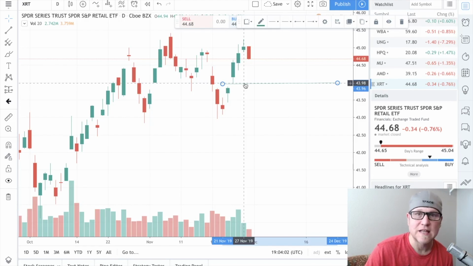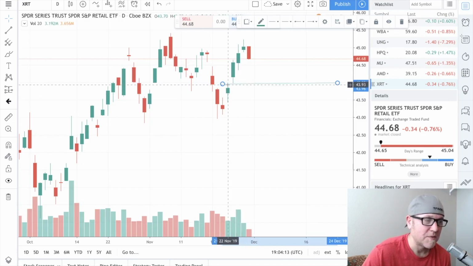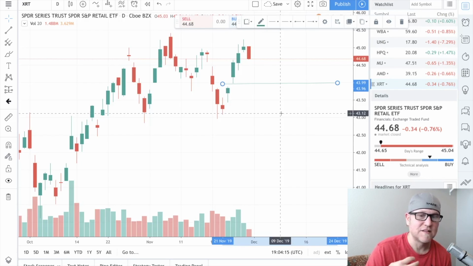And the reason it's risking that much is because when you sell, you are obligated to buy or sell those 100 shares at the strike price. So no matter what happens to the price, we are saying we will sell or buy 100 shares of XRT at $44, right? So now here's where the magic happens.